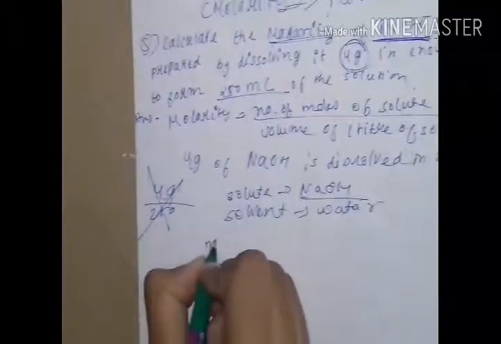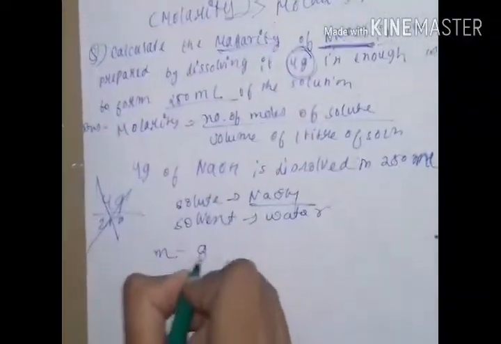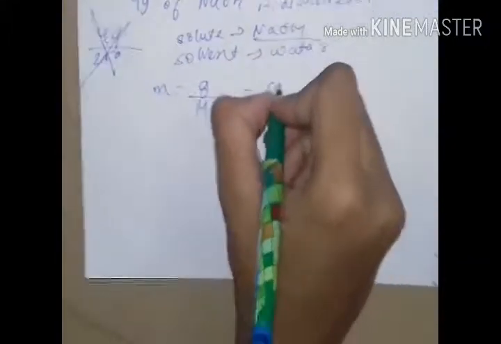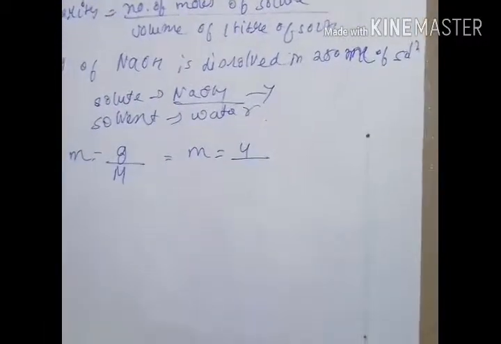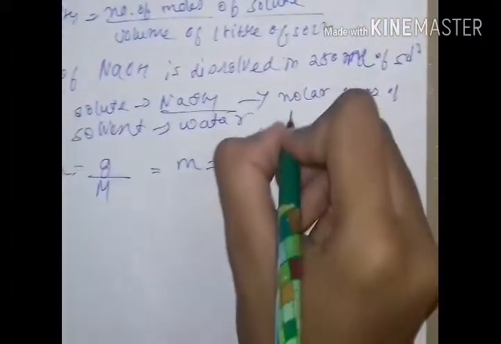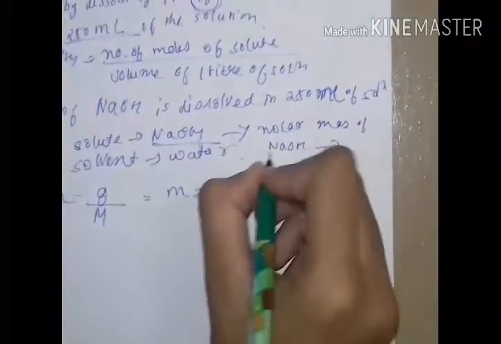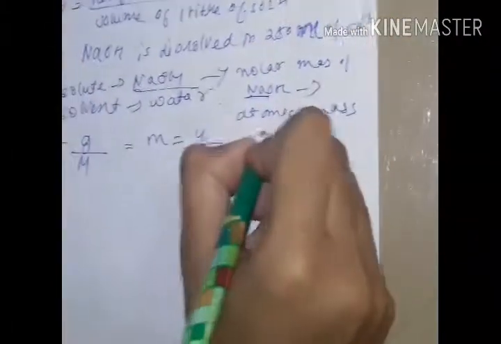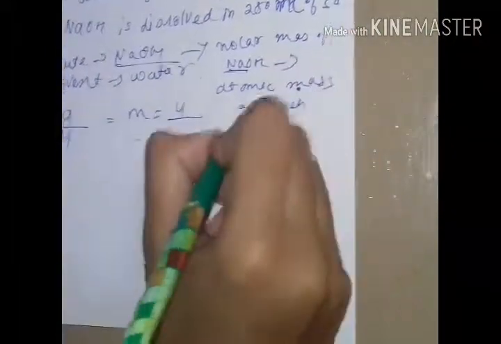So calculate the moles. Mole is equal to given mass upon molar mass. Moles is equal to 4 by the molar mass of NaOH. I think you know how to write the molar mass of NaOH. We have to add the atomic mass of each element.